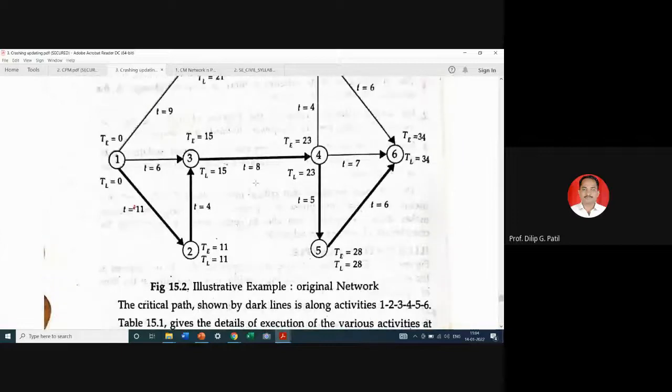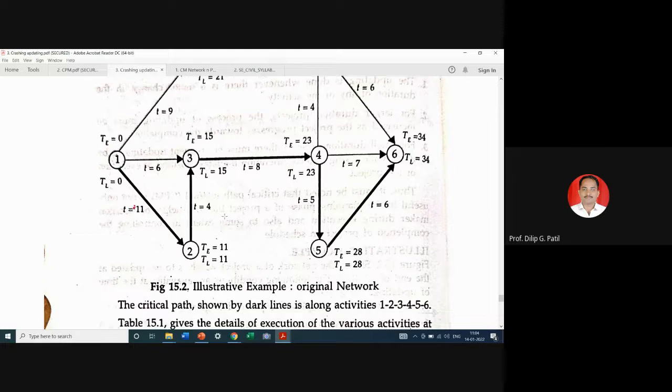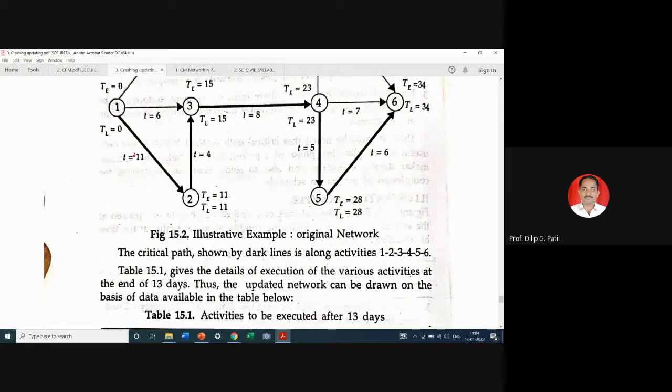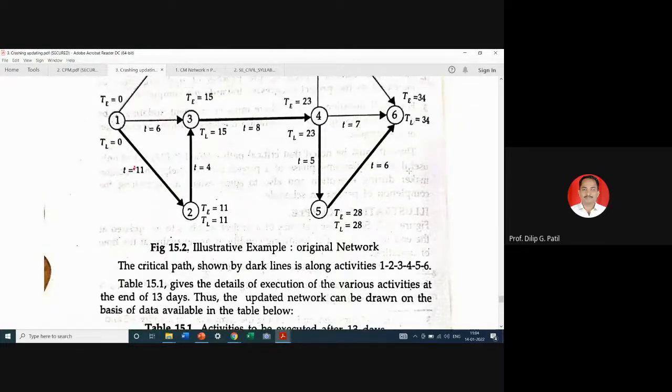Although we can see a single time estimate here, we can consider floats also, but the calculation may be a little longer and the same path will be observed considering total float as well as slack. Generally some processes are of trial and error type, so they have considered using slack also, TL minus TE. So the critical path shown by dark line is along activities 1, 2, 3, 4, 5, 6.